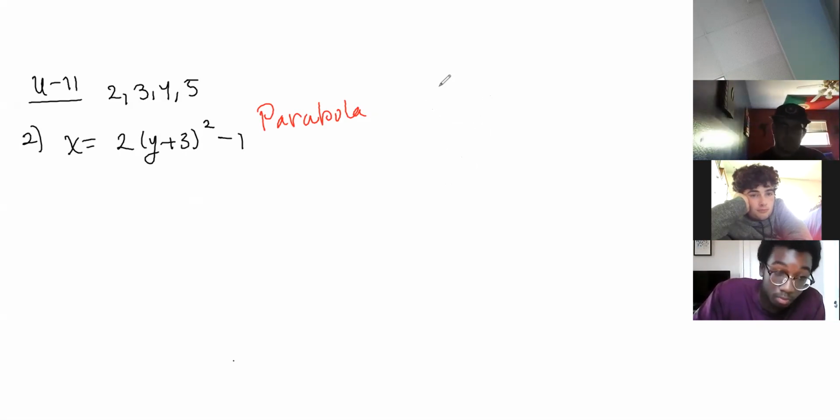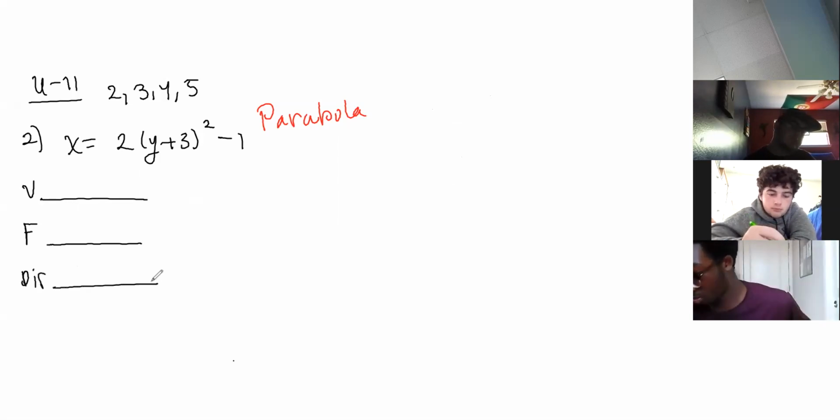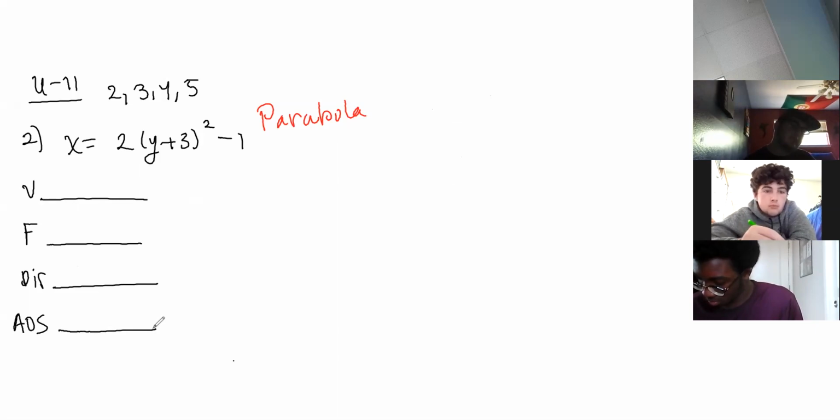Okay, so the characteristics that we find for a parabola would be the vertex, the focus, the directrix, and the axis of symmetry, or line of symmetry, however you call it. Okay, vertex is the opposite of the inside. The outside stays the same. So what would my vertex be?